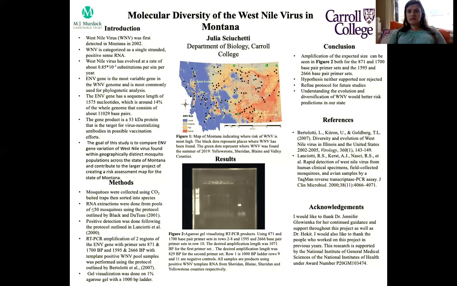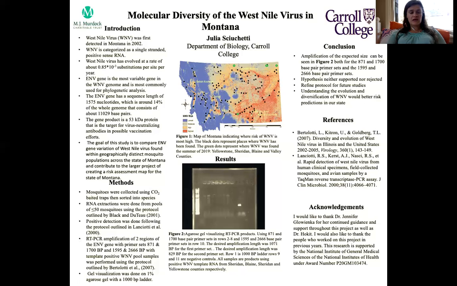So it would be interesting to see if Montana as a state was more like New York or more like Illinois. It's also important to keep up on this because of the antigenic importance of the envelope gene, with efforts toward a human West Nile virus vaccine.